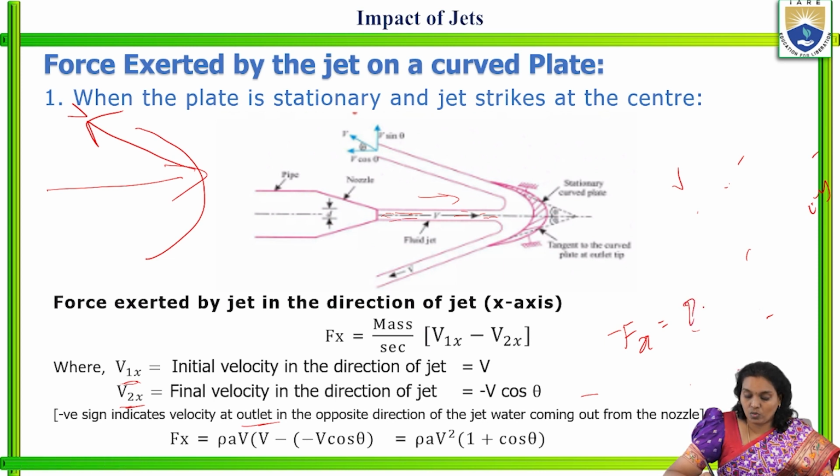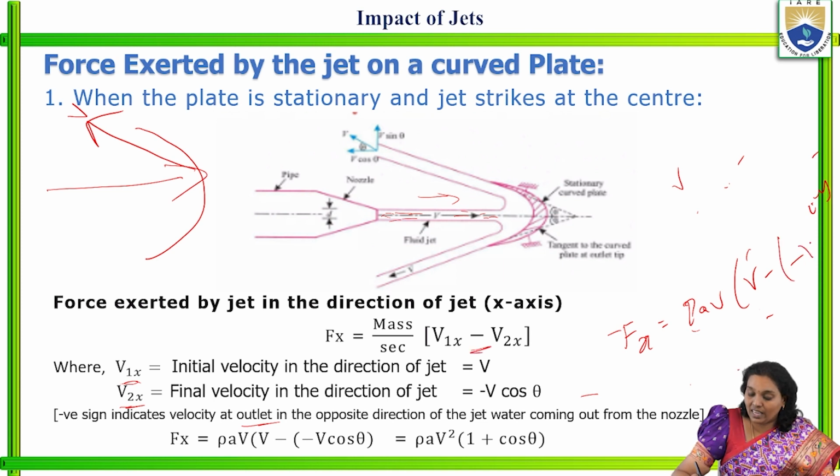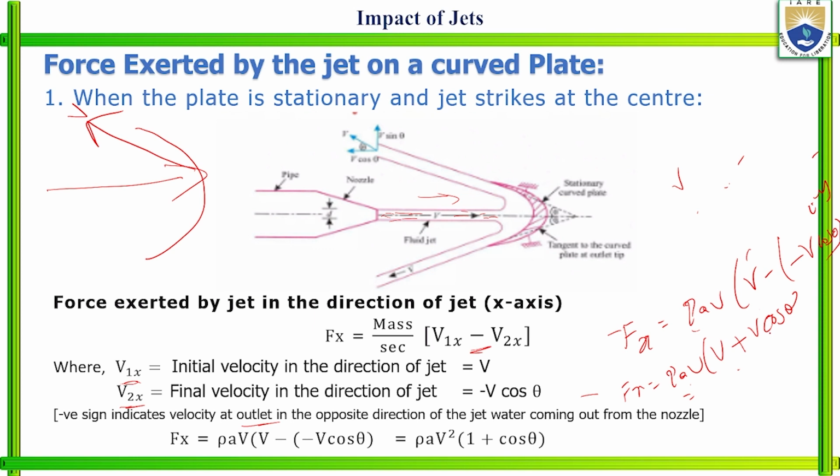So that is equal to rho a v times v minus, and again minus sign, v cos theta. So now F of x is equal to rho a v times (v plus v cos theta). In these two conditions, v is the constant one.